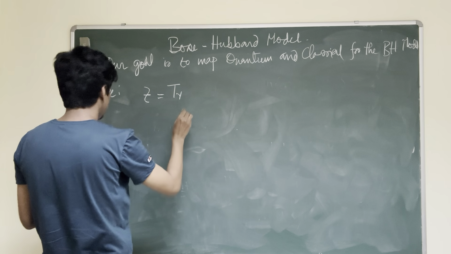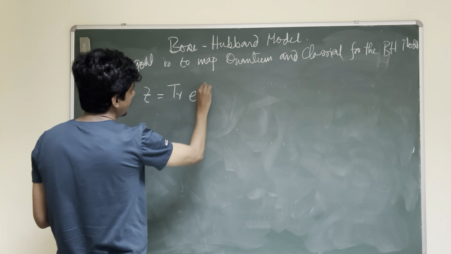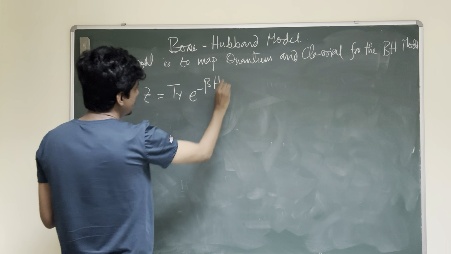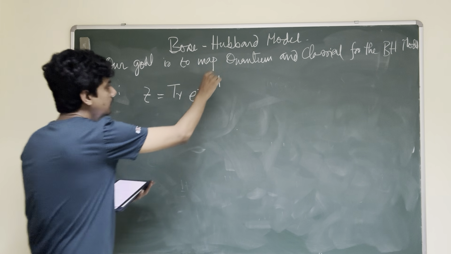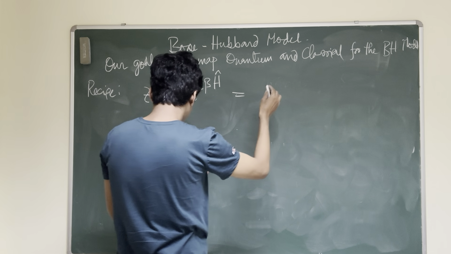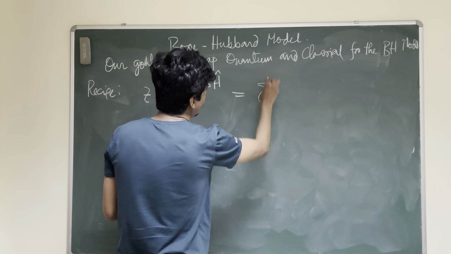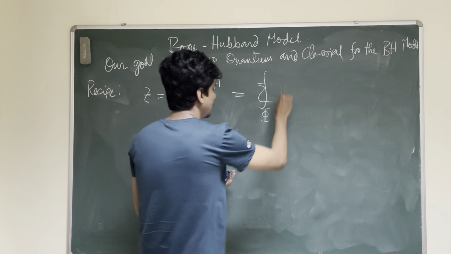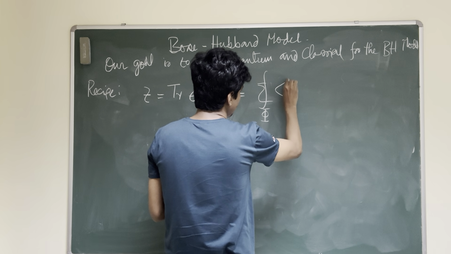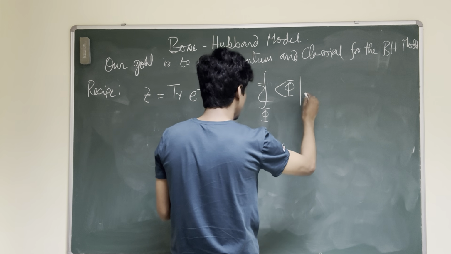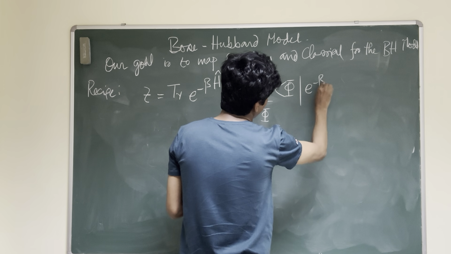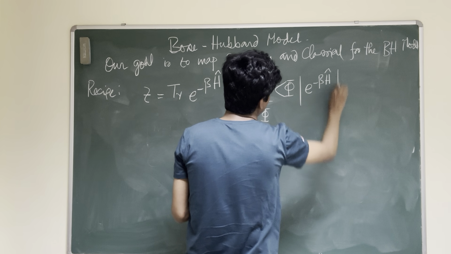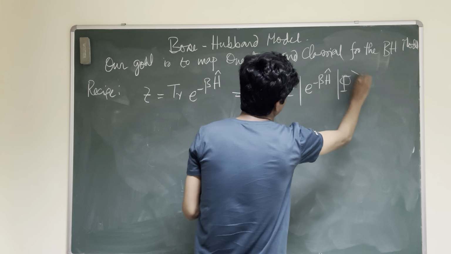So the trace of e to the power minus beta H, where H is our Hamiltonian, and you can also write this in the coherent state basis: capital Phi, e to the power minus beta H, capital Phi.